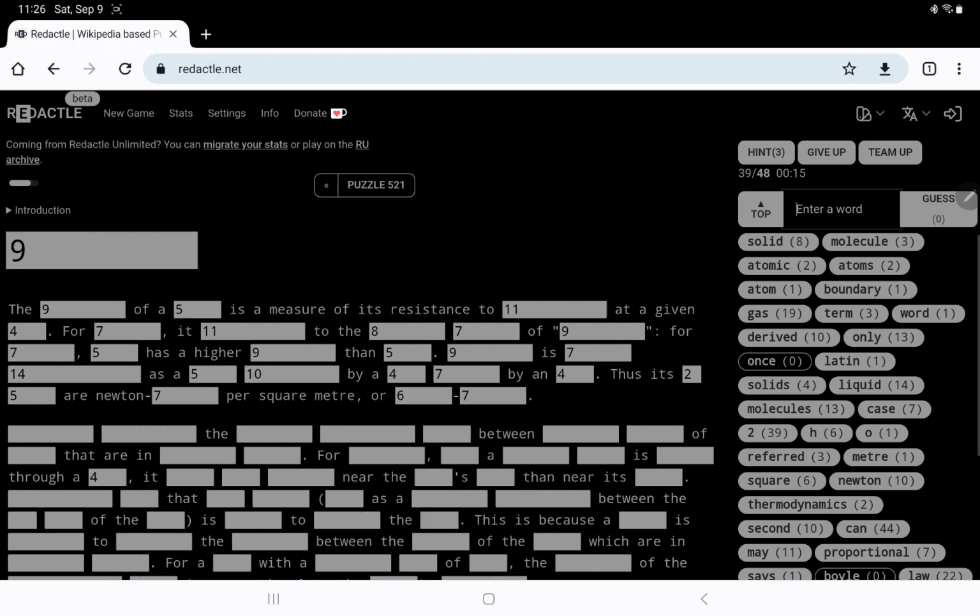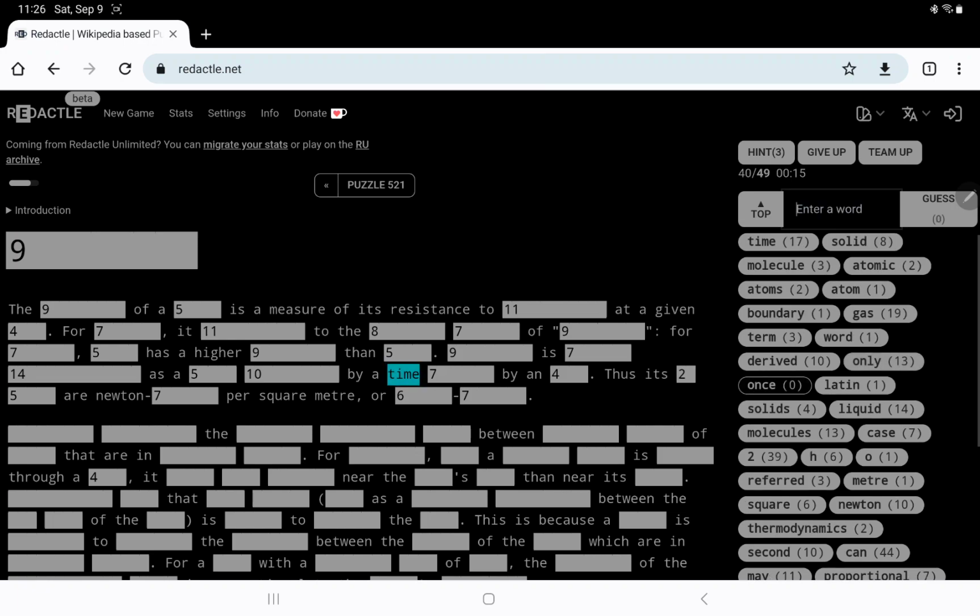Measure its resistance at a given time? No. At a given, well, pressure, force. Let's do those words.